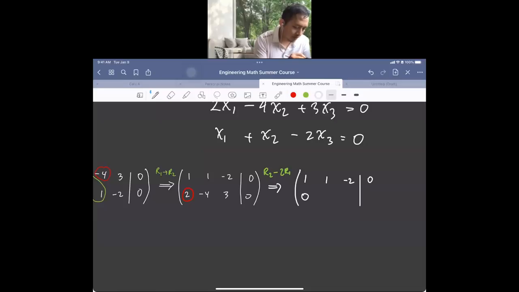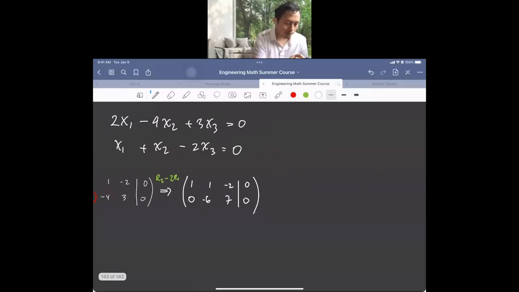So 2 minus 2 is 0. Negative 4 minus 2 is negative 6. 3 minus 2 times negative 2 is basically 3 plus 4, which is 7, right? And it's just 0.